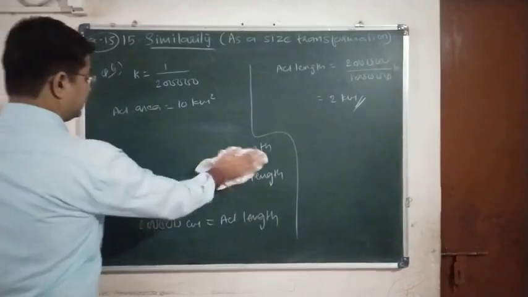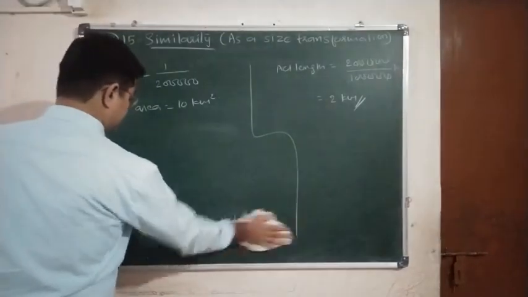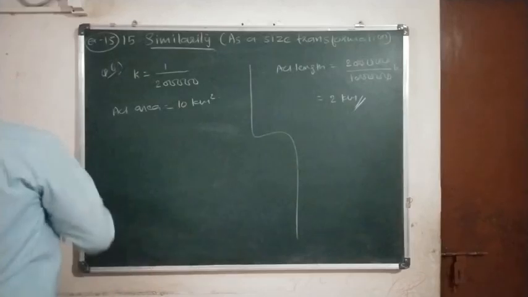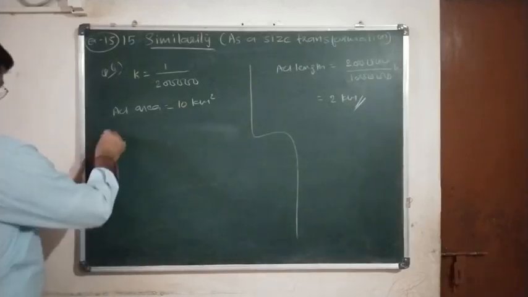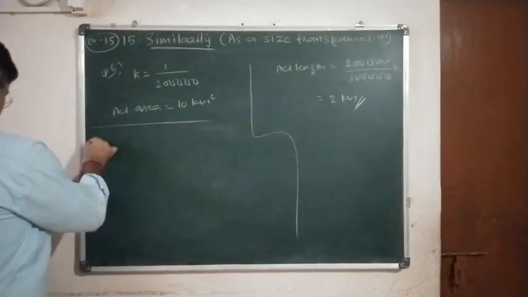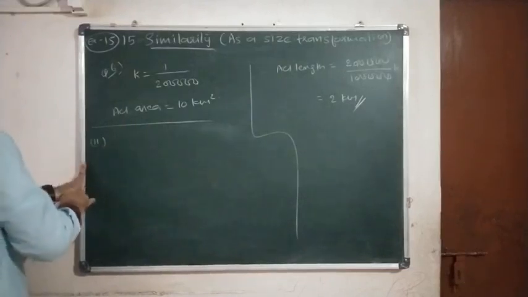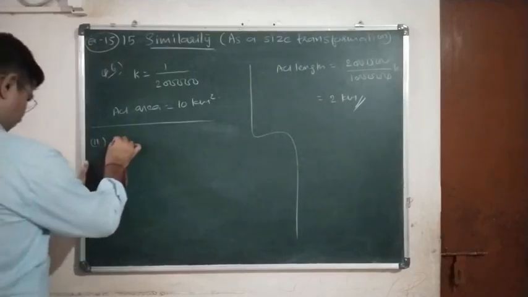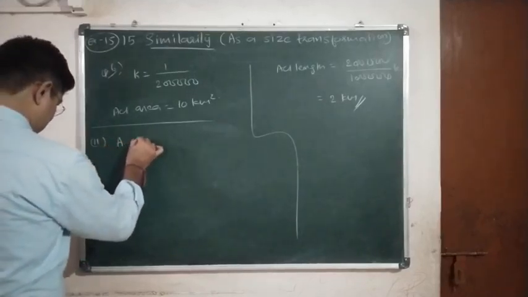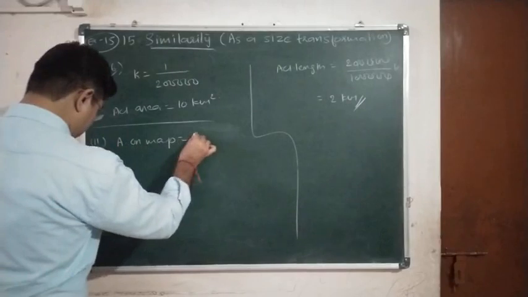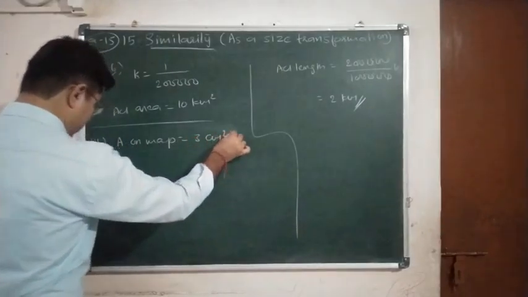Number 2, area on map is given to be 3 square centimeter.